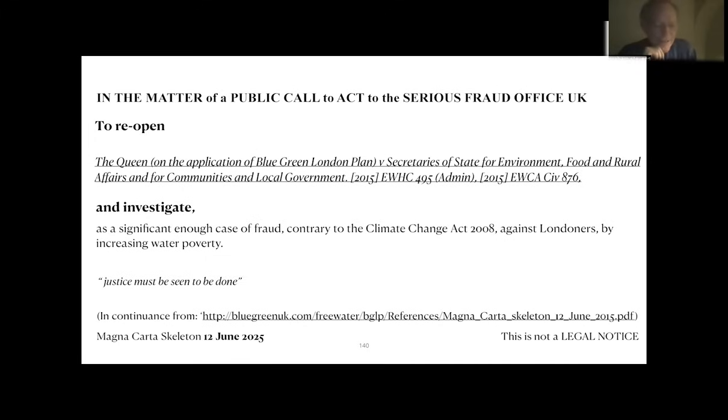So they wasted up to 20 billion. It says in the front page of the Financial Times that the debt is in the order of 20 billion pounds.